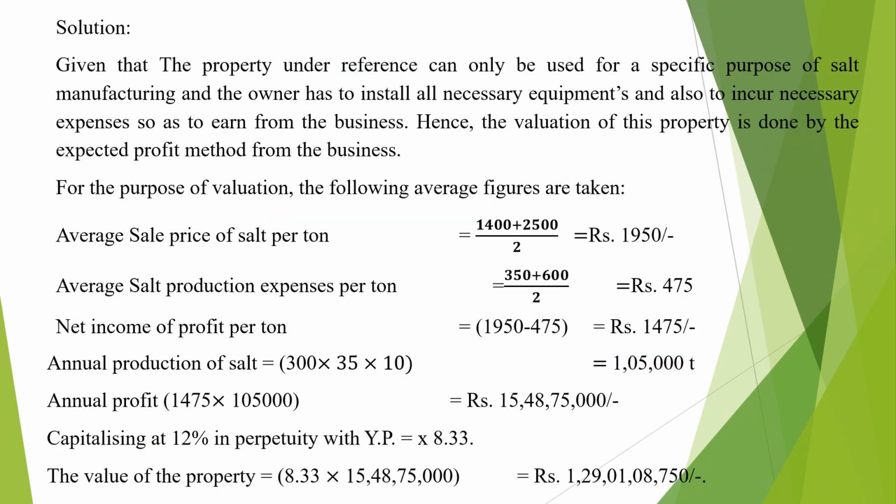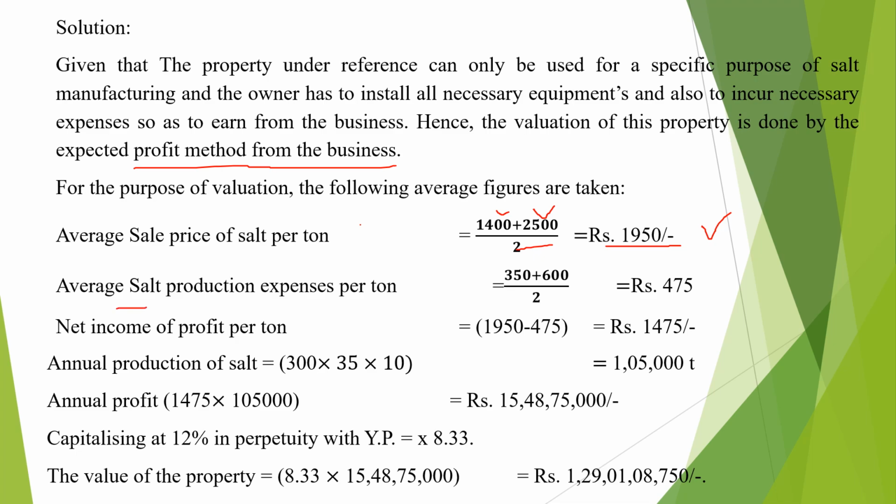So this is given that we will be using this profit method from the business. You calculate the average sale price, 1400 plus 2500 divided by 2. So average sale price is 1950 per ton.